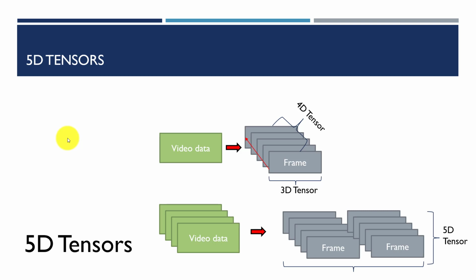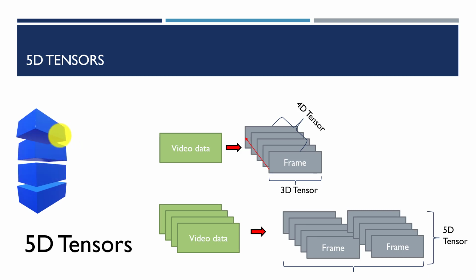Now how can we visualize a 5D tensor? So here it is. The individual blocks are my frames, so we have multiple frames in my video, and this particular structure represents a single video.